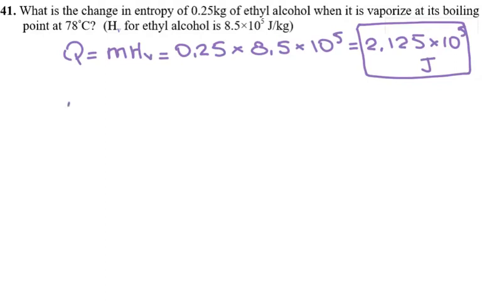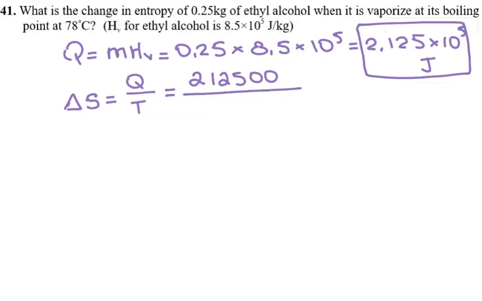To calculate the entropy, I have the heat over the temperature. The temperature at which the vaporization is happening doesn't change, and the heat needed we just calculated, so that's 212,500 divided by the temperature, which I have to convert into Kelvin.